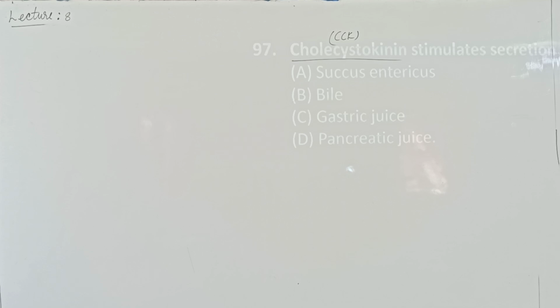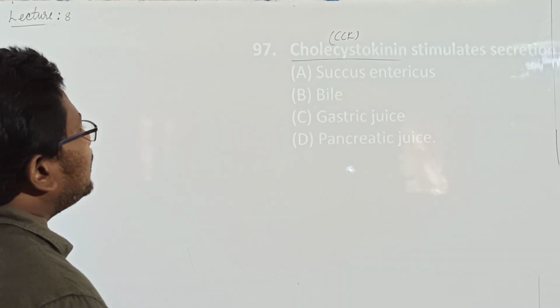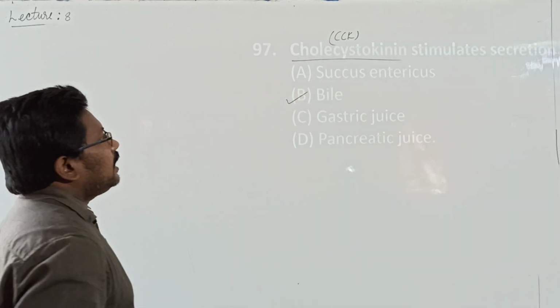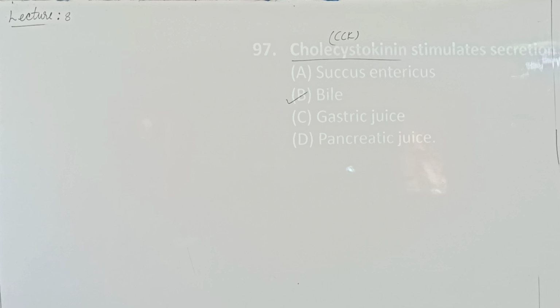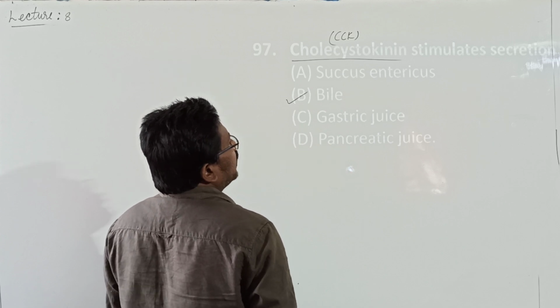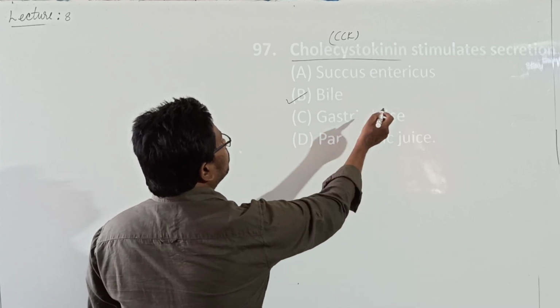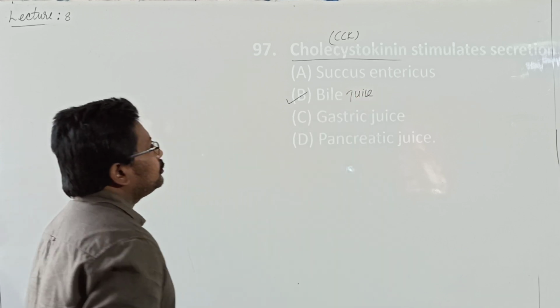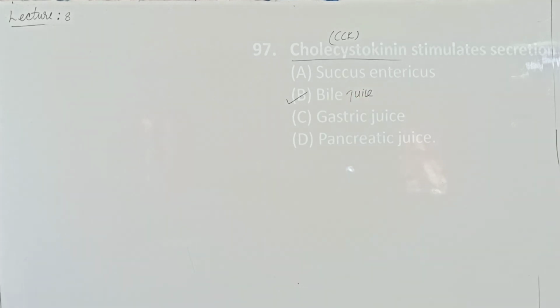So in this case, it acts on the gallbladder. CCK acts on the gallbladder, so hence it stimulates the secretion of bile juice.